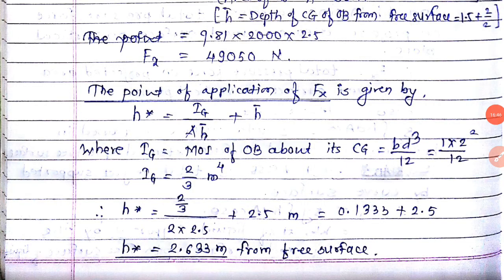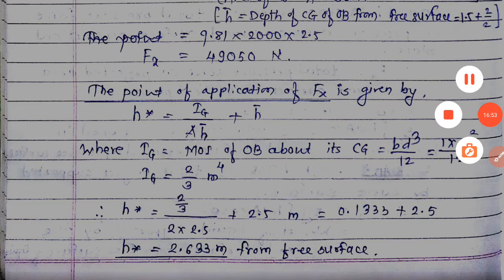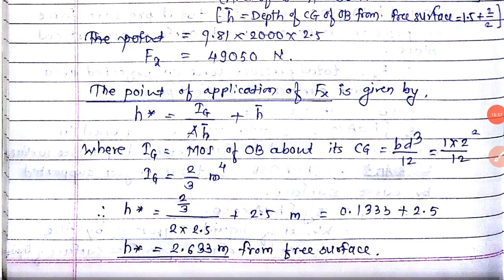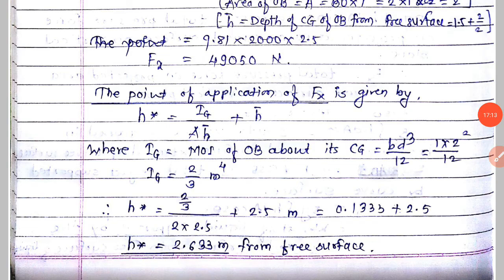OB area is a rectangle, so the moment of inertia of OB about its center of gravity will be b d cube upon 12. So Ig is equal to 2 by 3 meter raised to 4. This is the value of Ig for area OB about its center of gravity.